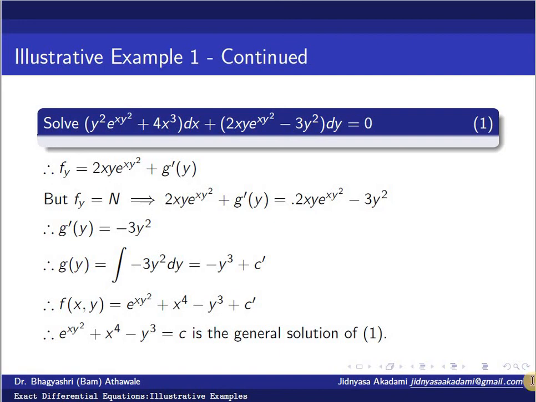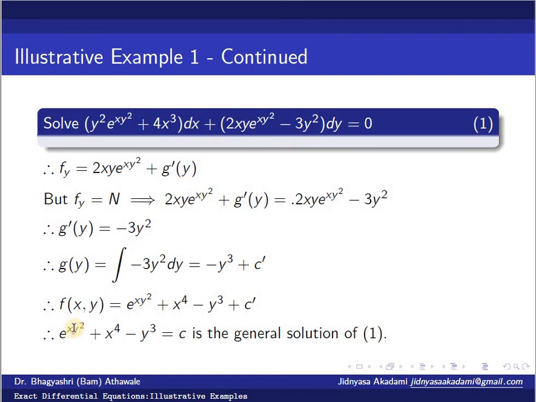Now, you can just observe that this is our required solution of the given differential equation, and we know that the given differential equation is exact. That means the total derivative of this function f of x, y, which is at the LHS, must be this, which is my M dx plus N dy. Otherwise it will not be exact, isn't it?